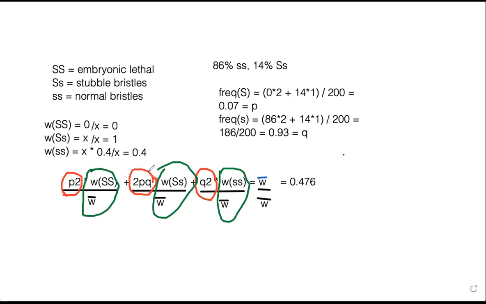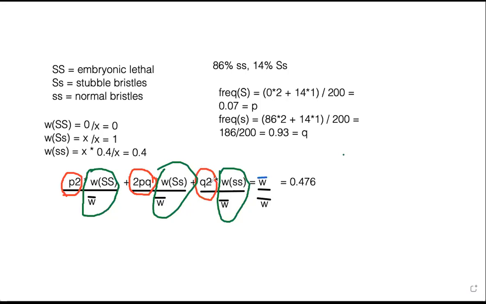If there was no selection, our frequency of heterozygotes is just 2pq. If there is selection, then our frequency of heterozygotes is 2pq times something that's quite a bit bigger than 1. Multiplying something by a number that's bigger than 1, your answer is bigger than what you started with.